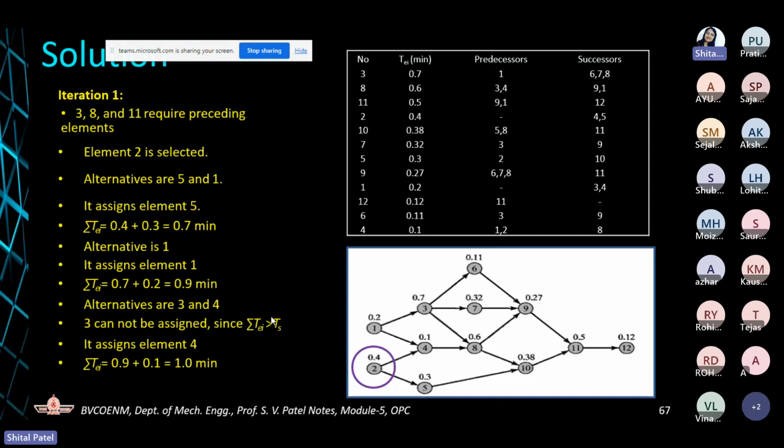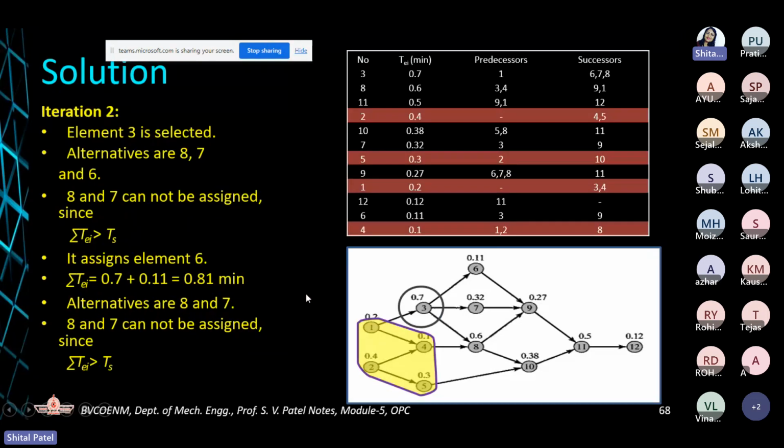So let me move ahead with the next slide. There I have, okay, now you have a clear picture. Here with red and yellow, covered with a purple borderline, these 4 activities give you workstation number 1.